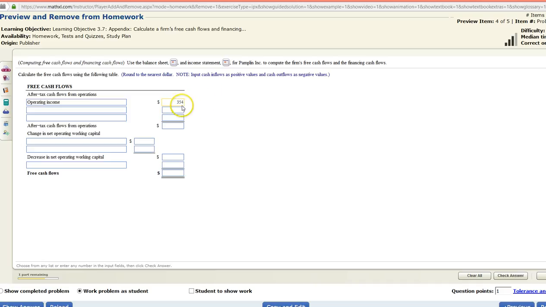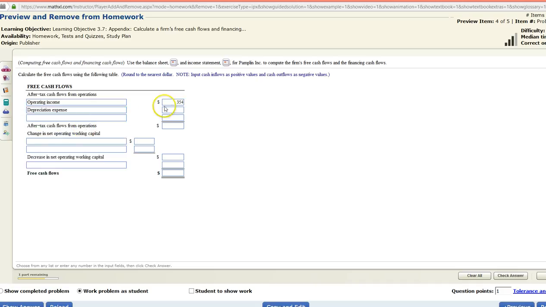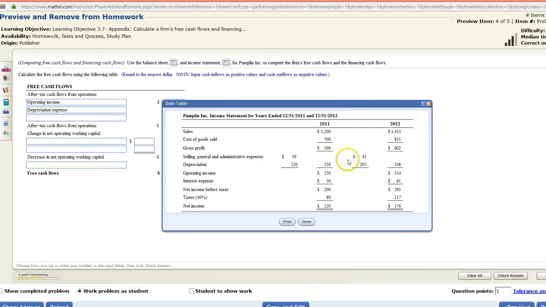This needs to be a positive number, right? Unless it's a loss, then we need to put a negative number there, but it's an income, so we have positive. And then the second item is depreciation expense, again from the income statement.